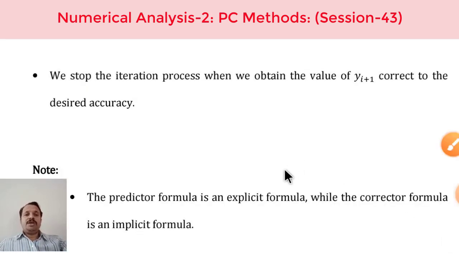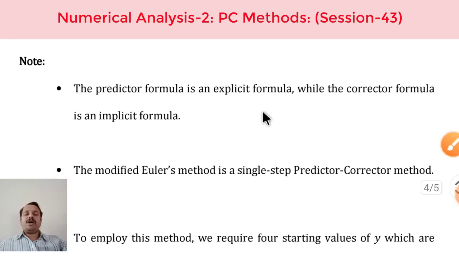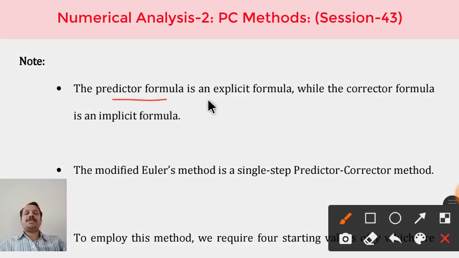Now, regarding the predictor formula, we have some important notes to be taken. The first one is that the predictor formula is the explicit formula and the corrector formula is the implicit formula; we have to keep that in mind.